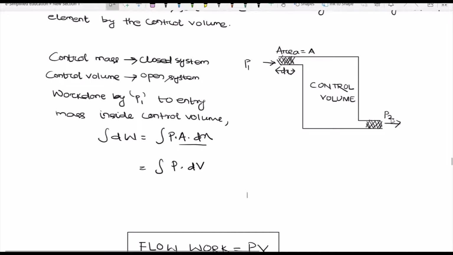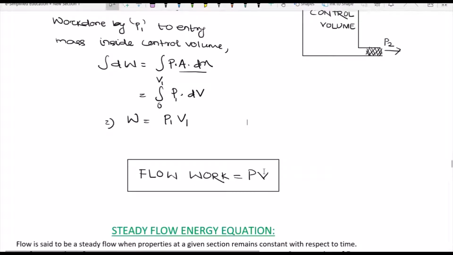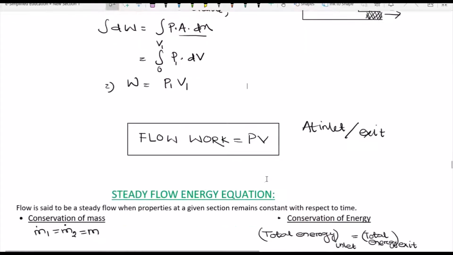If I integrate from 0 to V1 at inlet, it will be P1 V1. So whenever someone asks you what the flow work is, the one thing you should tell is PV. Flow work means pressure times volume, at inlet or at exit. At inlet it will be P1 V1, at exit it will be P2 V2. So the flow work means PV.